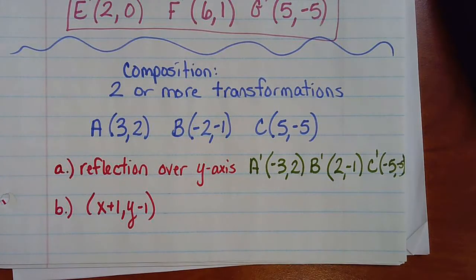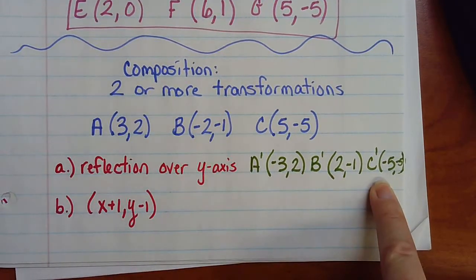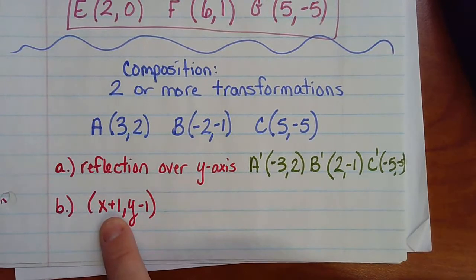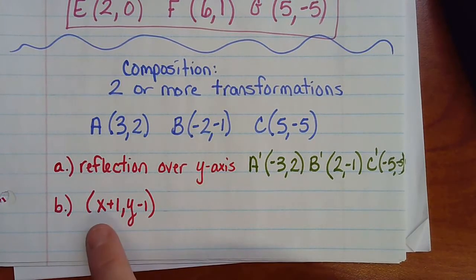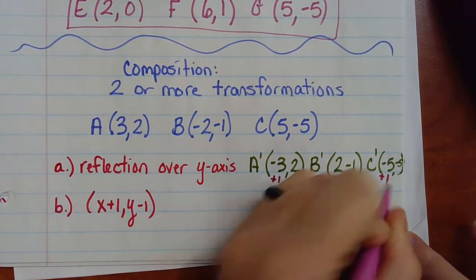So we did the reflection. Now we need to do the translation. But we're going to translate these new points. So that's what makes it a composition, because we're taking the new points and translating them. So this says x plus 1, y minus 1. So that means every single x value gets a 1 added to it.